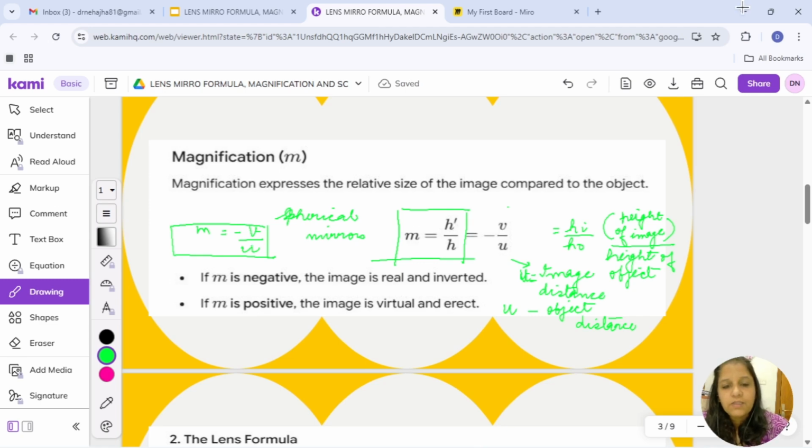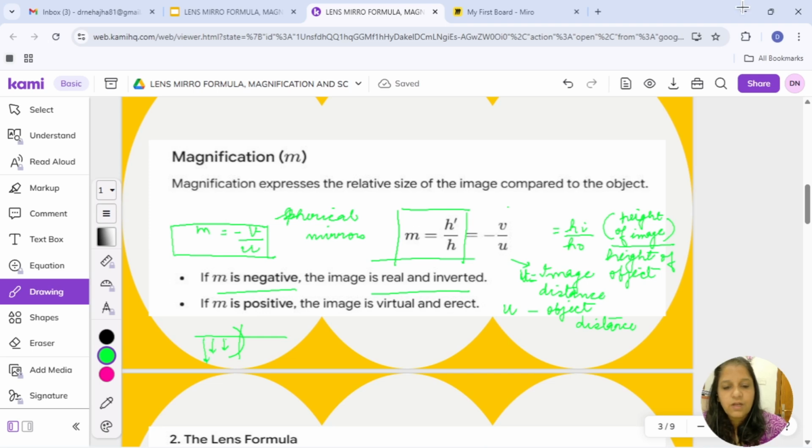The image distance and object distance need to be always taken with the appropriate signs. If the value which you get after calculating m is negative, your image will be real and inverted. As in the Cartesian plane, in the case of a concave mirror, most of the images are formed in this direction, right?